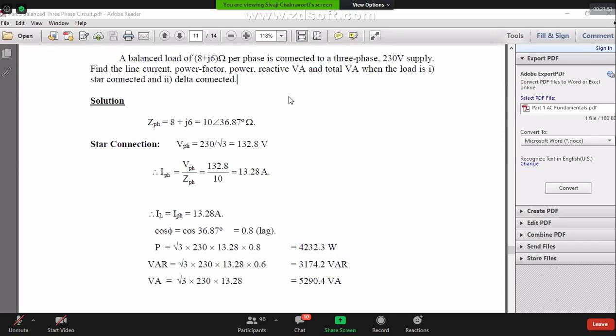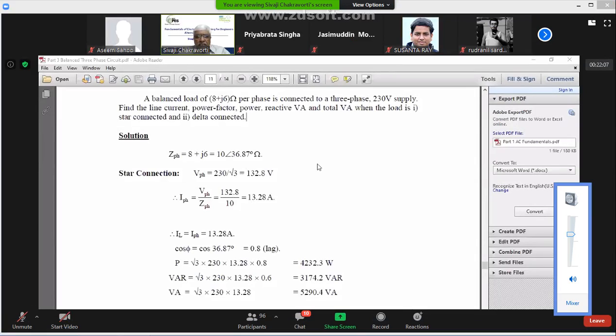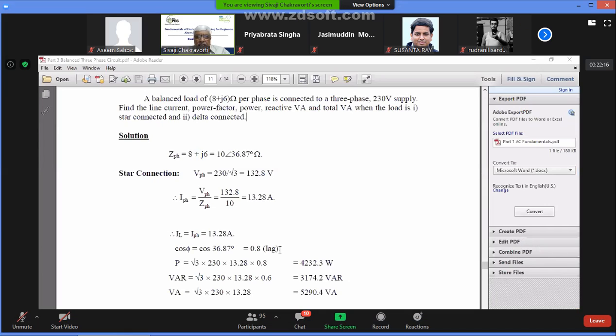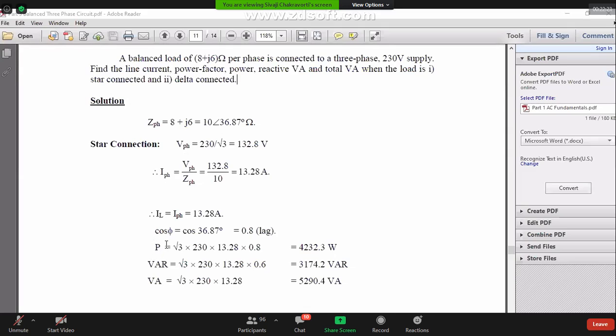So the first thing you have to learn in your life is professional decorum. This is our duty as faculty to teach you. And that decorum states that if the class starts at 5:30, you should be there at 5:30. If not, maybe 5:35. Somebody trying to join at 5:50 is not allowed to join my class. If you don't want to, don't join my class. There is no harm in it. The soft copy you can get, but don't join at 5:50. You have to learn professional decorum in your life.